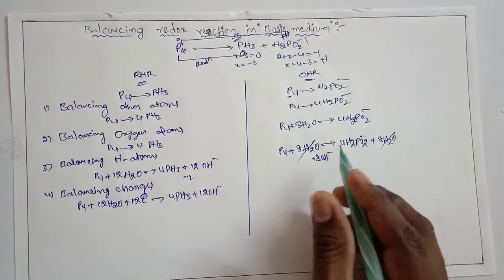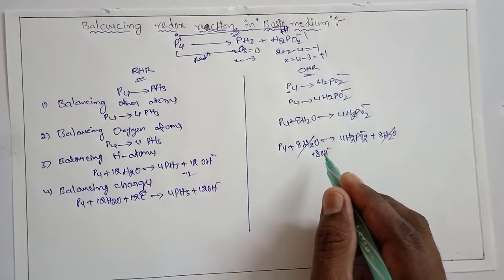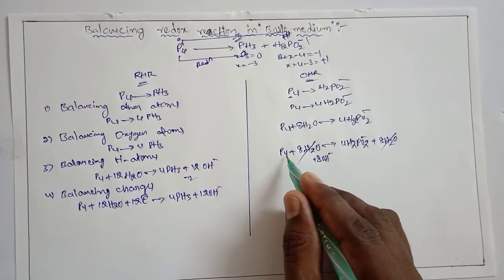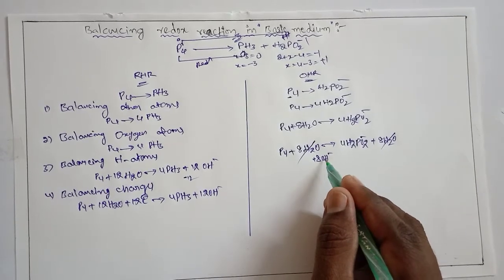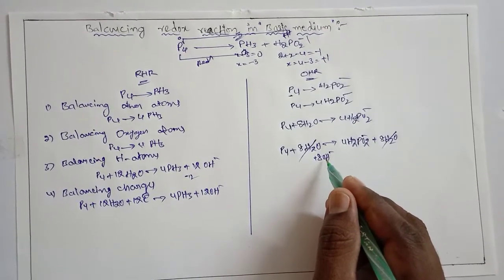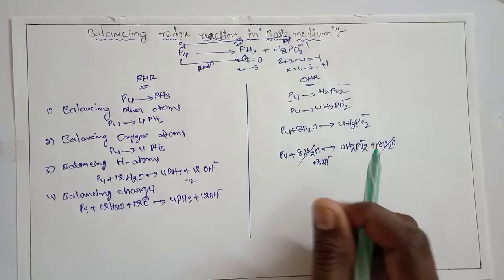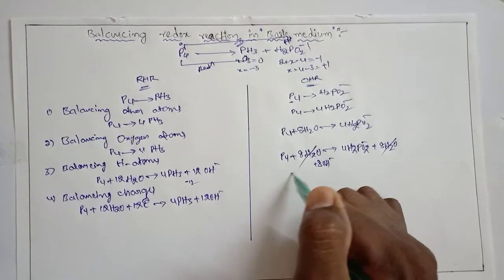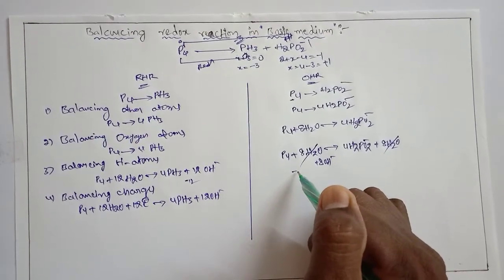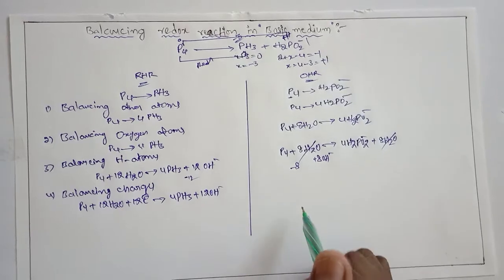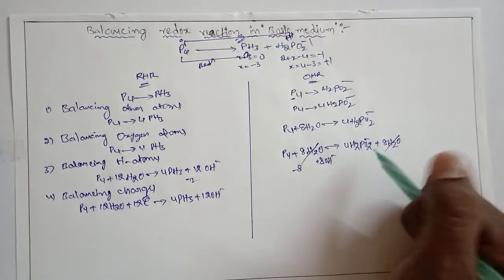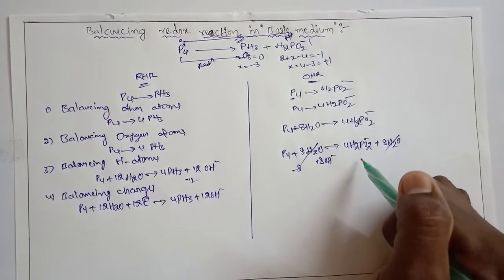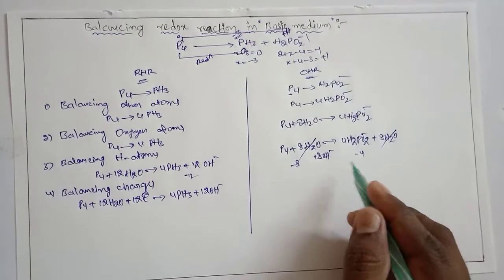Here also we have to add electrons to the deficiency side. Here 8 OH⁻, each OH has minus 1, so minus 8 charge on the left side of the reaction. Here on the right it is minus 1 times 4, so minus 4.